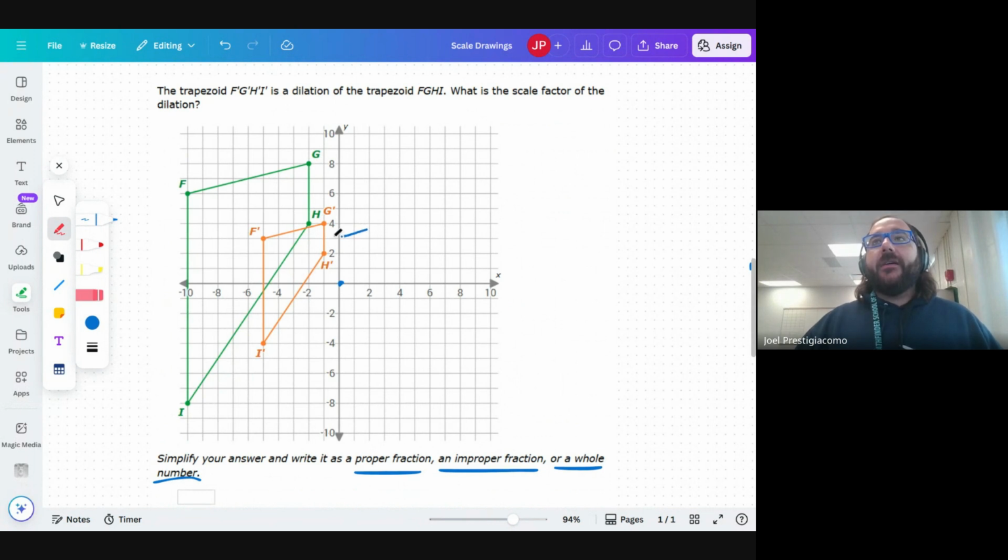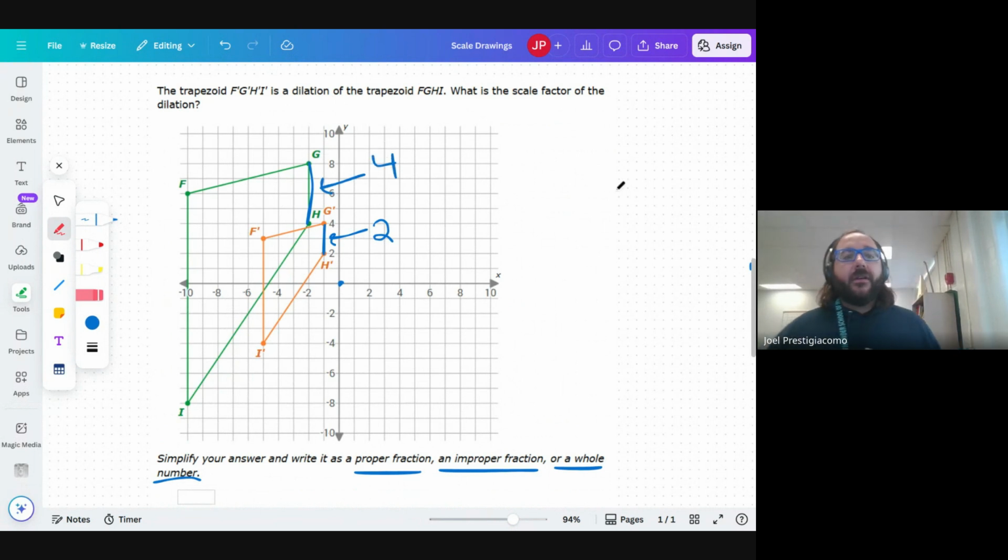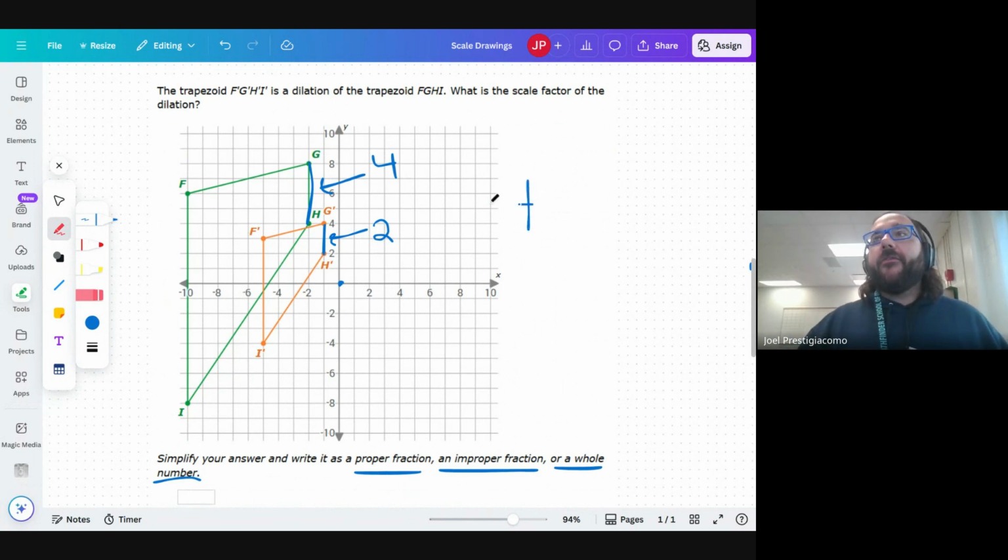What I see here is this side right here is 2 units in length. And that's the same as this side here, which is 4 units in length, right? So what do I multiply by? 4 times my scale factor equals 2.